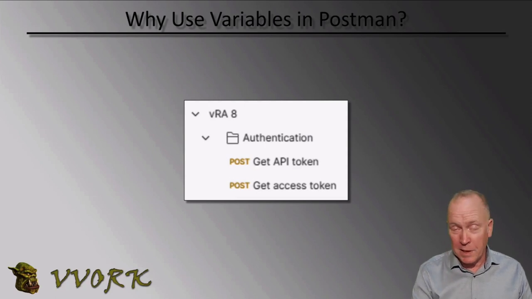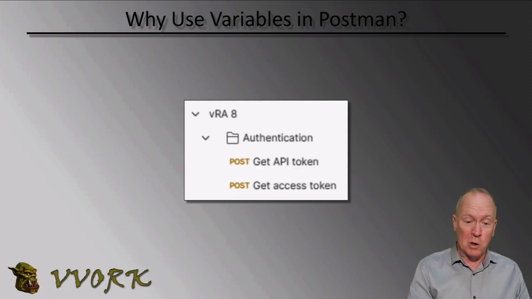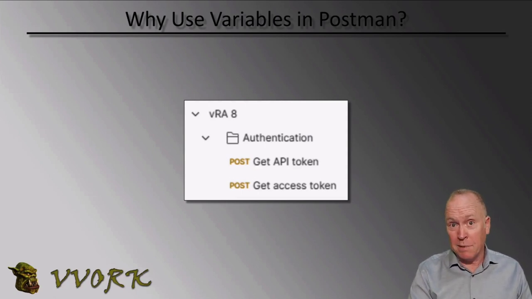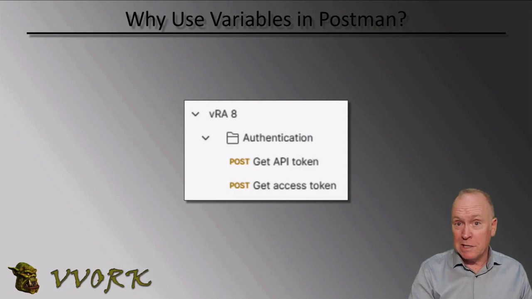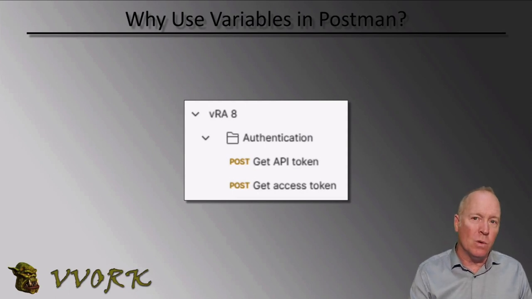VRA, if you're not familiar with it, is a cloud management platform to manage the deployment and ongoing monitoring and management of machines in vSphere, AWS, GCP, Azure, and so forth. So don't worry about exactly what VRA is. What I want you to know about VRA is that if you want to do REST calls to a VRA server, you need to authenticate.